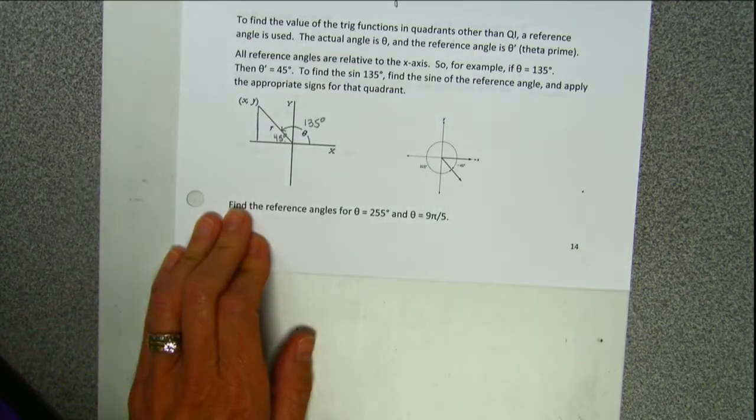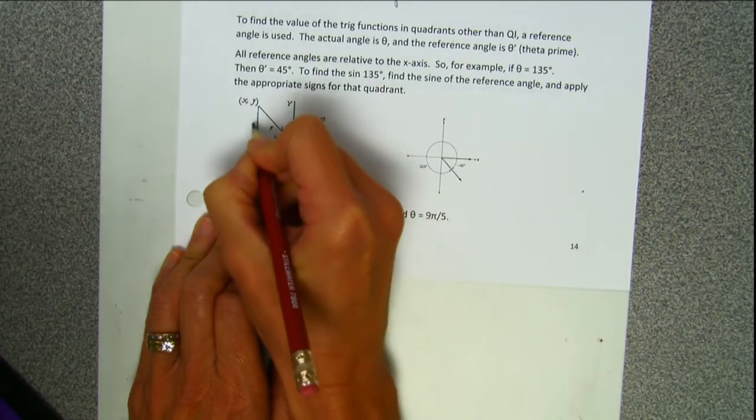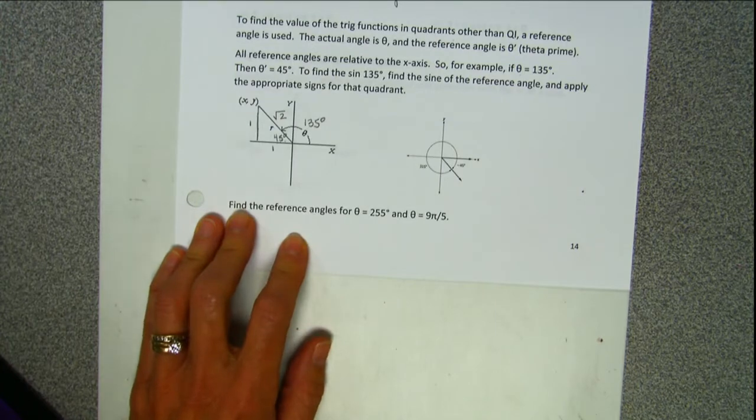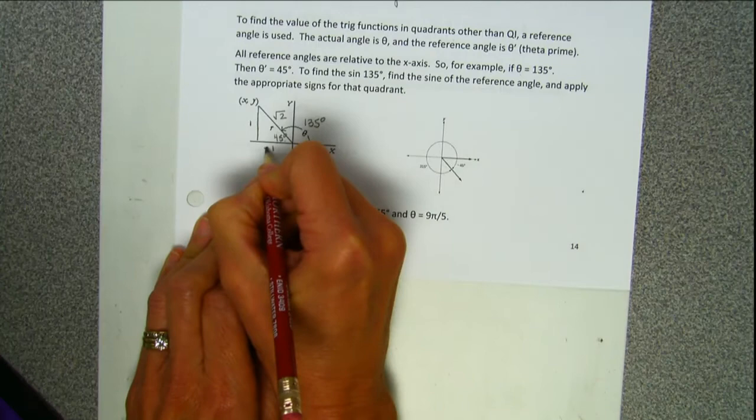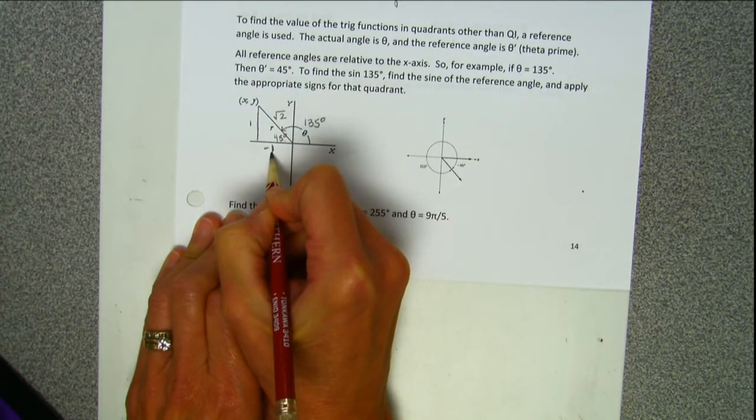Okay, so 45. We know that the sides of a 45-degree angle are 1, 1, and root 2, don't we? But we have to be super careful because our signs change. When you go to the left on the x-axis, we will have a -1 here.